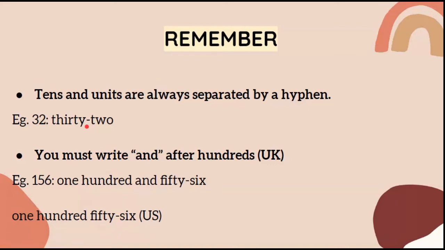Also, we have to write and after hundreds in British English. So we say, for example, 156. Do you see? But in American English, we don't need to say and. We can say 156, and that's fine.